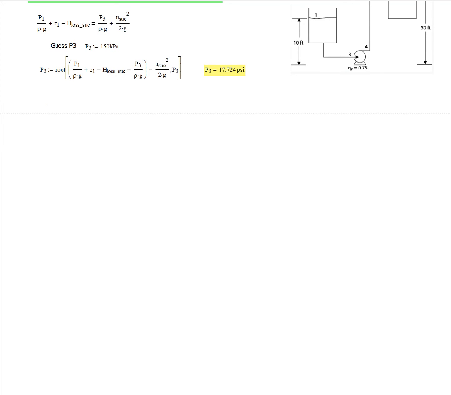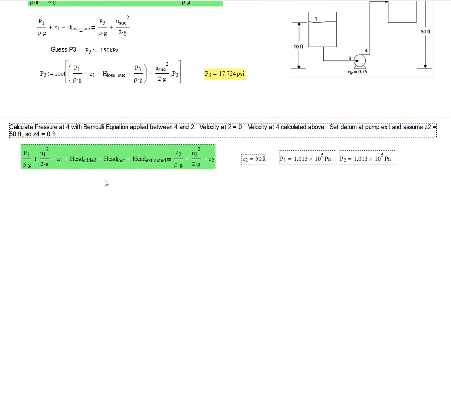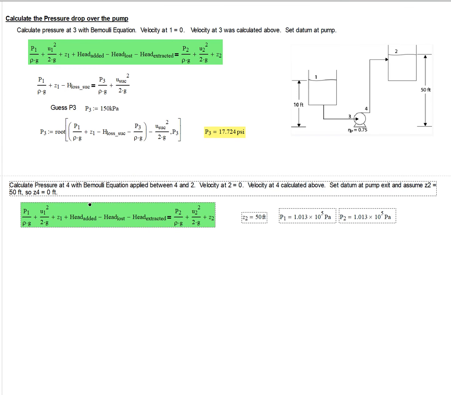We then apply the Bernoulli equation between position 4 and position 2. The velocity at position 2 is going to be equal to 0. The velocity at the pump outlet, which is position 4, was calculated above.